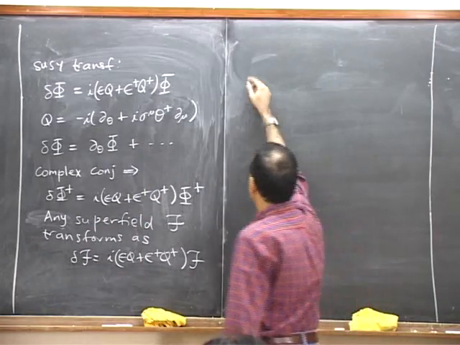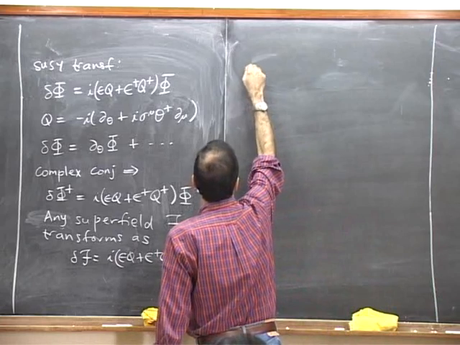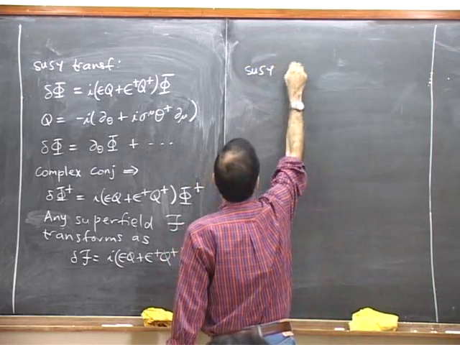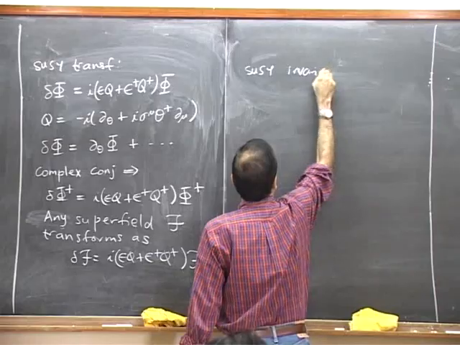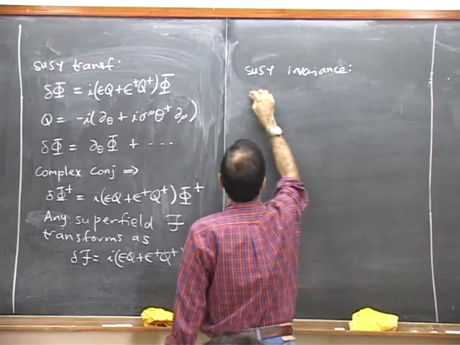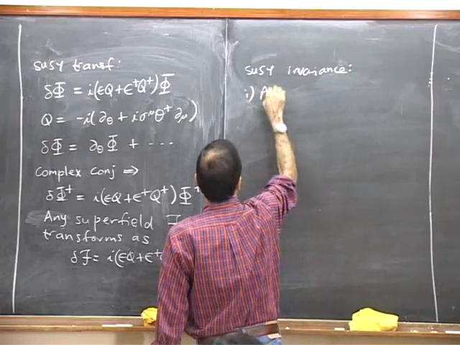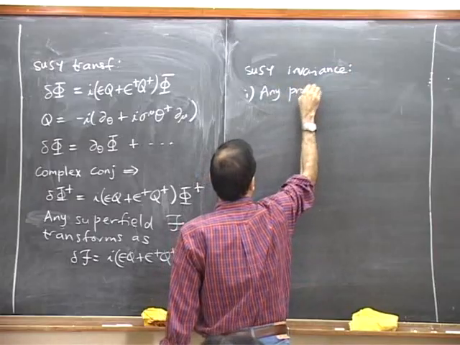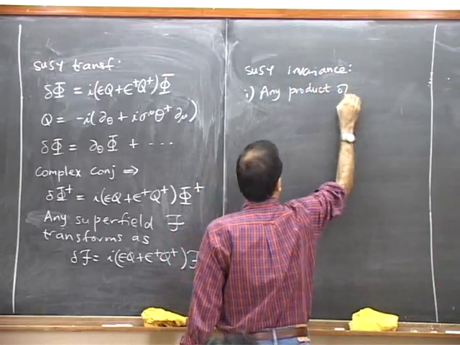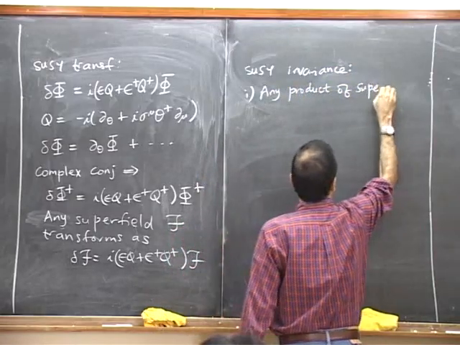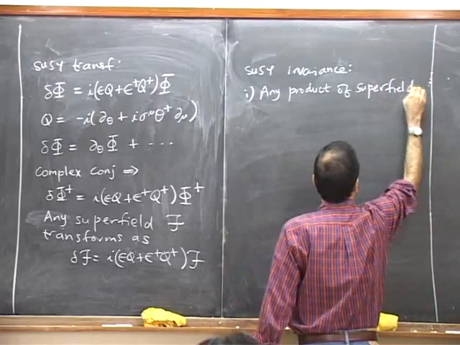So the proof of supersymmetry invariance is, to repeat it briefly, in 2 parts. Any product of superfields is again a superfield.